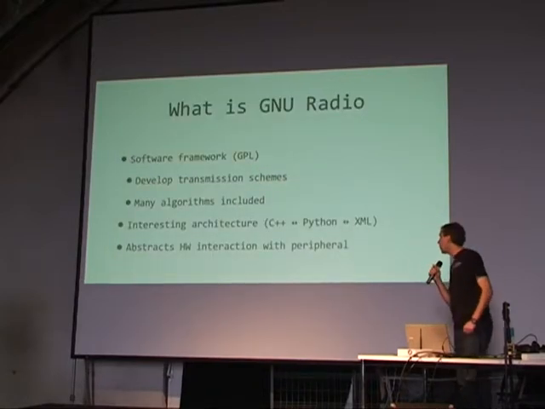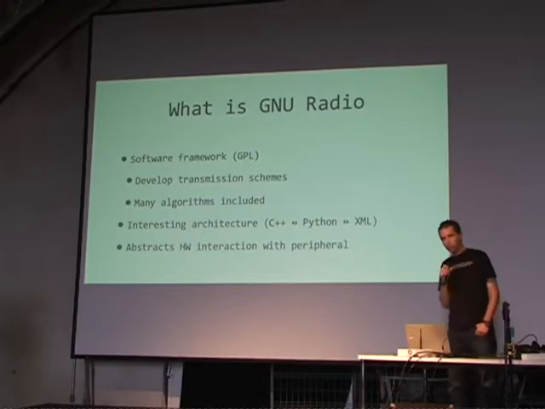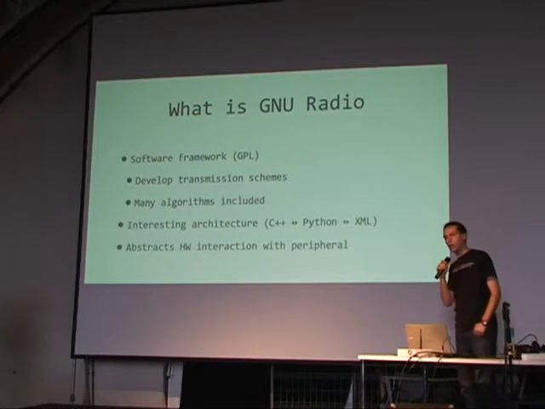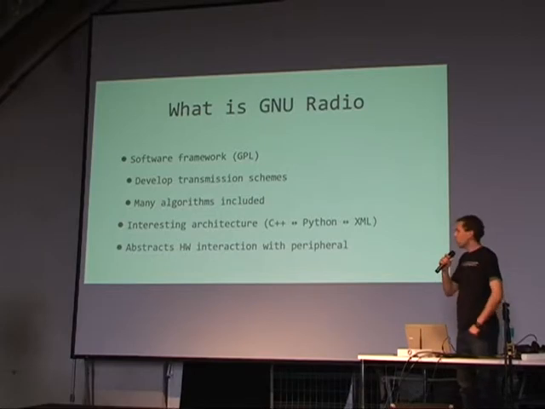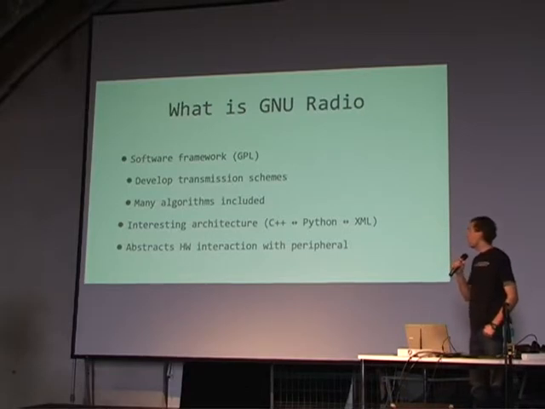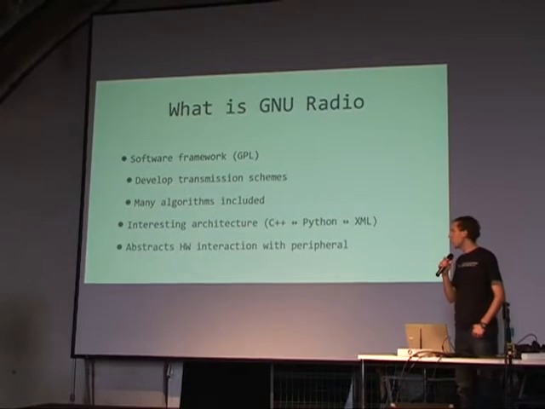So GNU Radio is software that is used to control USRPs, for example, but there are other devices which you can use with GNU Radio. So it is possible to design your own peripheral that interacts with this open source framework. And it is used to develop transmission schemes. So you, in general, define your code with your parameters and all the necessary classes to demodulate and to modulate and to design a complete transmission or receive path.